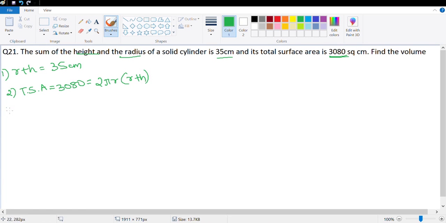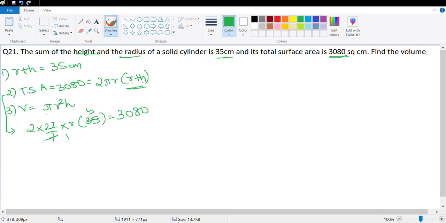Okay. We know volume is equal to pi r square h. We'll need to know the value of r as well as h to find the volume. So what equation 2 gives us is 2 into 22 upon 7 multiplied with r times (r plus h), which is given equal to 35, is given equal to 3080. That's 7 into 1, that's 7 into 5.